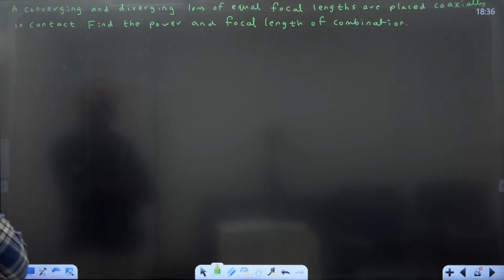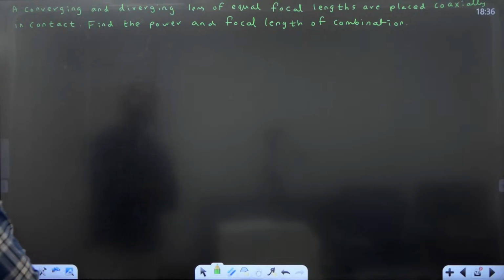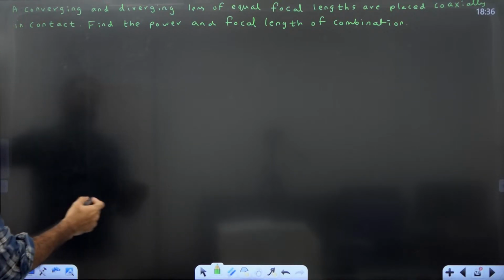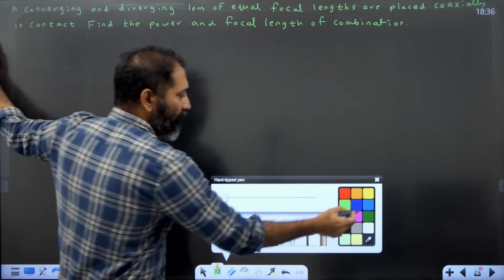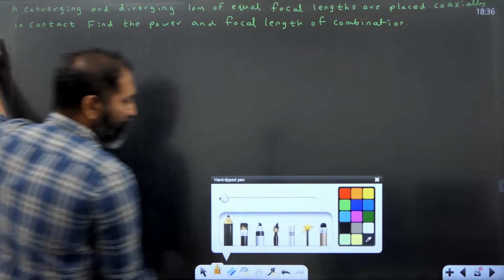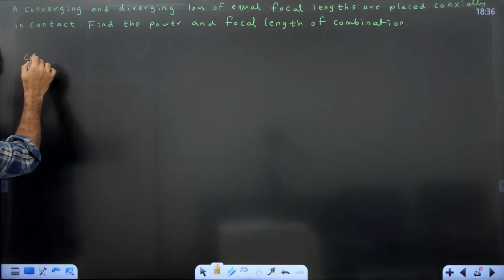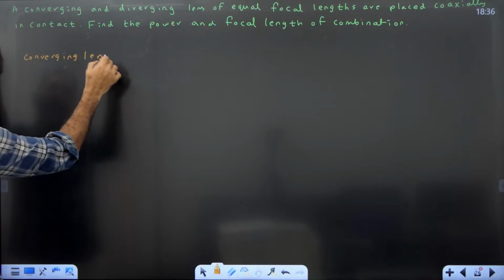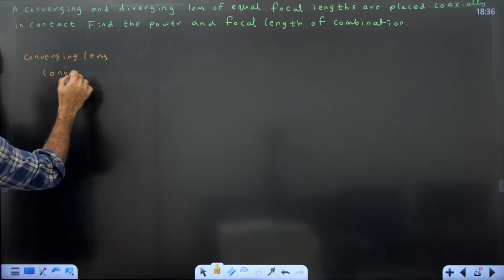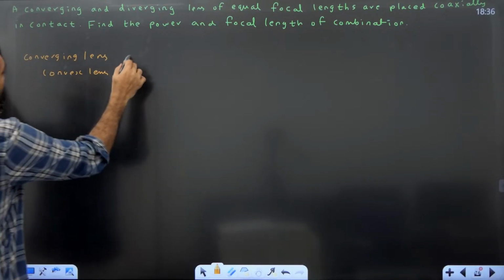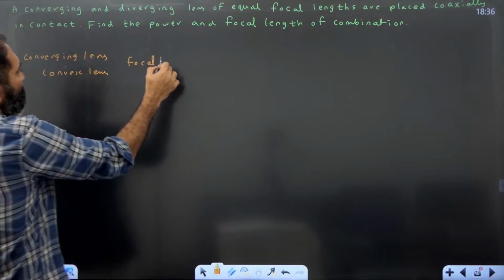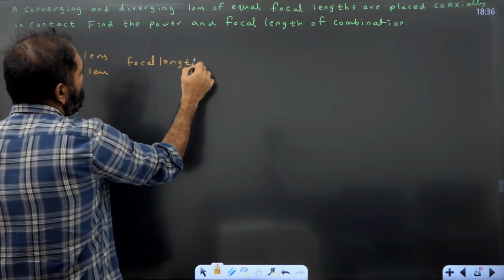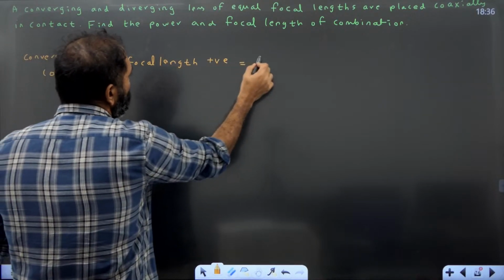Converging and diverging lens of equal focal length. So both have the same focal length. Now we know that a converging lens, what is that? Convex lens, focal length positive, that is equal to plus f.